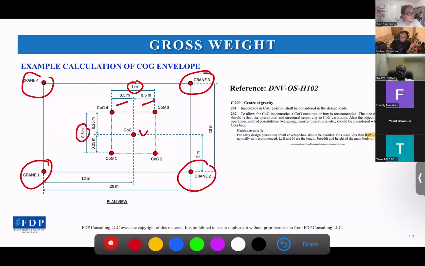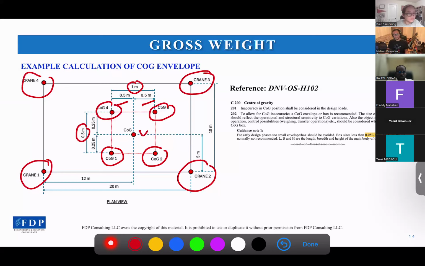And then we put another COGs. This is an imaginary COG at the corner of the box. So we have COG1, COG2, COG3, COG4 at the corner of the box.